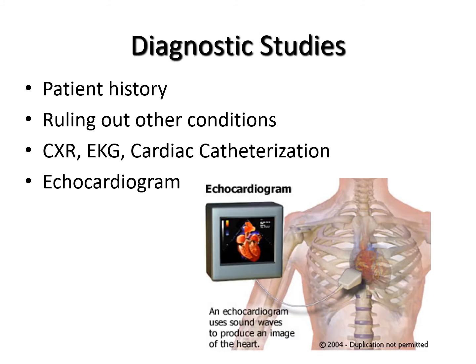A good patient history will assist the care provider in ruling out other conditions and coming to the proper diagnosis of cardiomyopathy. Other diagnostic studies can be used as well to aid in the diagnosis, including a chest X-ray, EKG, and cardiac catheterization, as well as the echocardiogram.